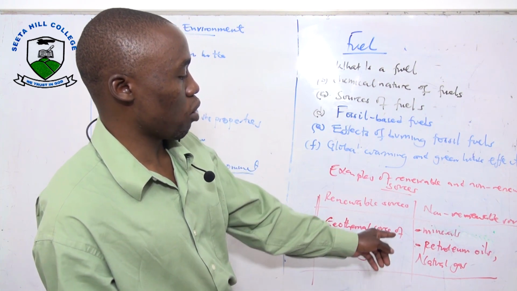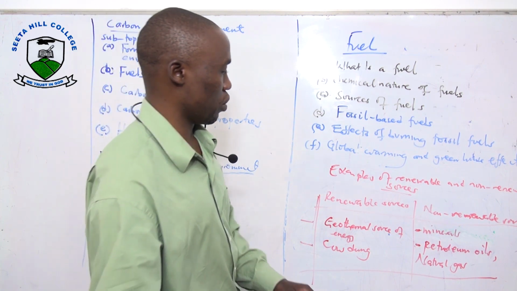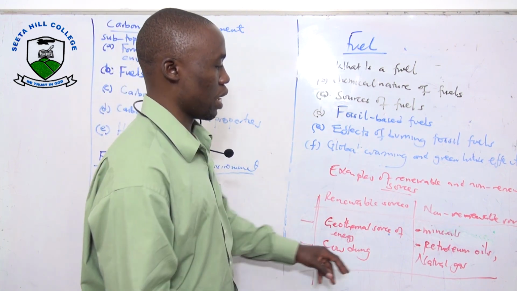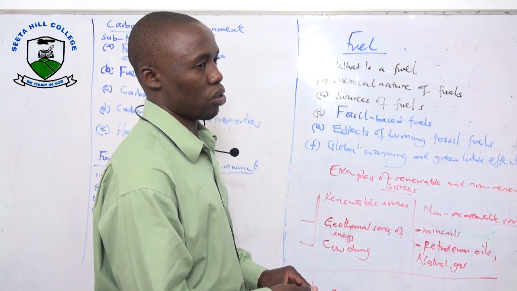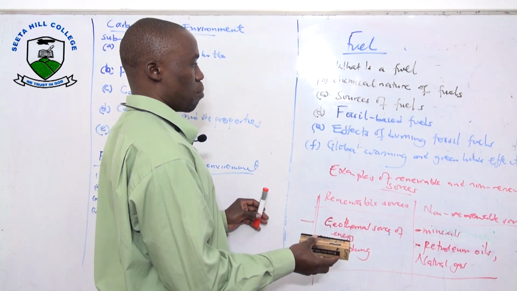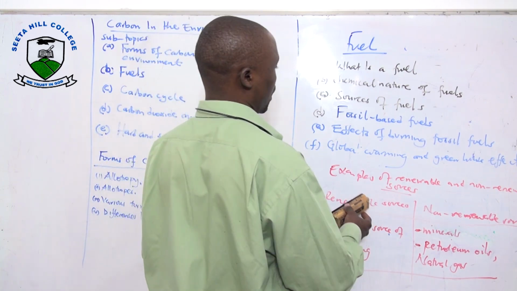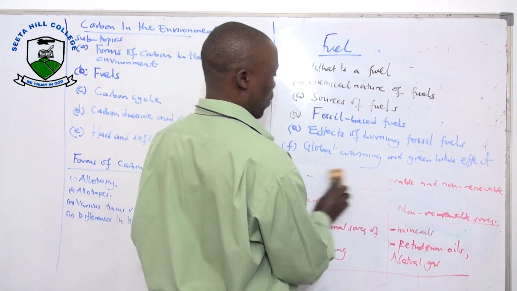Let us pick out the fossil-based fuels. They are the ones we get from here. Petroleum oils. Now, could we rub off this? Fossil-based fuels, then we shall see effects of burning them.